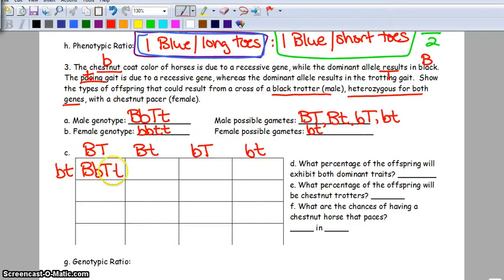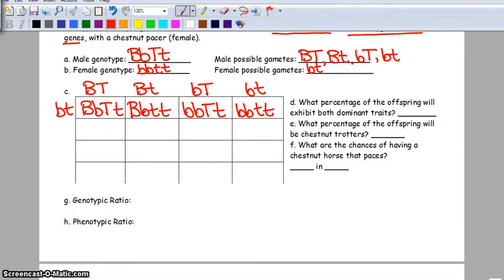And then go ahead and fill it in. All right, our next step is to find our ratios. So the genotypic ratio, same pattern we did before. Start in the upper left-hand corner and move. So we have big B, big T, little t. There's only 1 of those.